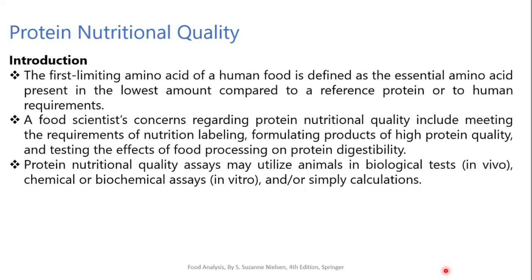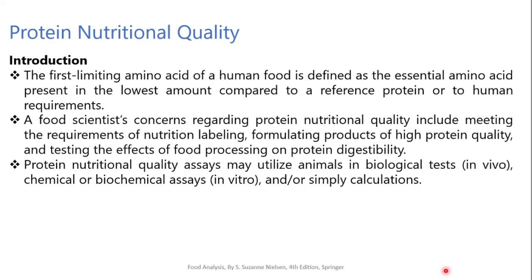A food scientist's concerns regarding protein nutritional quality include meeting the requirements of nutritional labeling, formulating products of high protein quality, and testing the effects of food processing on the food digestibility.